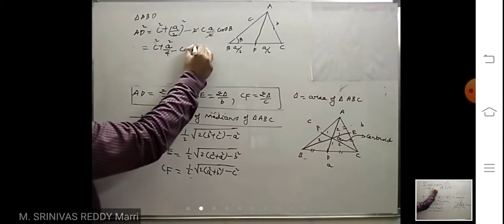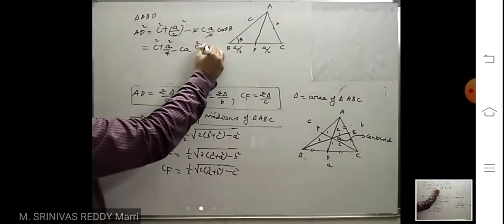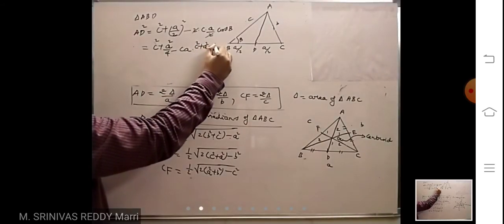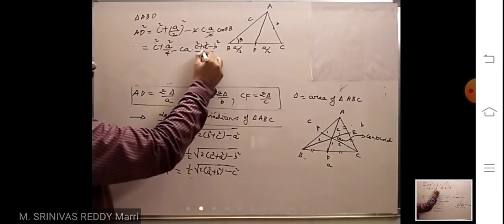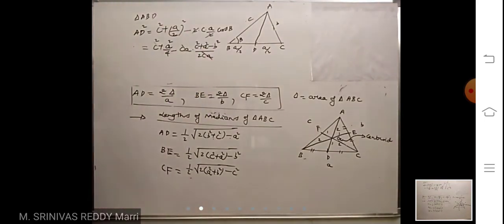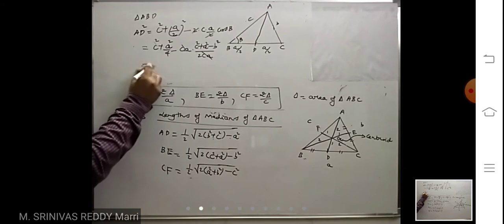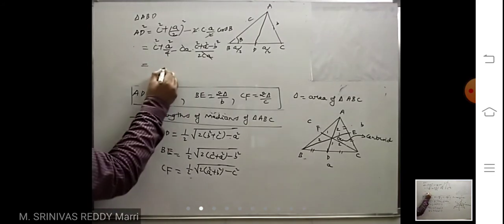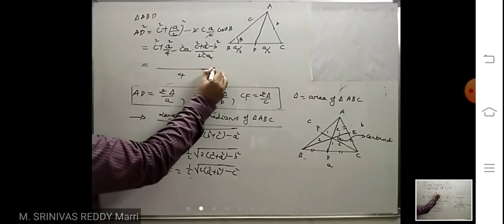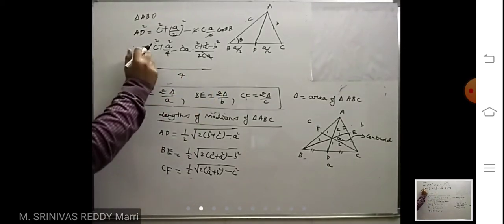Cos B is C square plus A square minus B square divided by 2CA. CA will get cancelled, right? 4 is the LCM here.